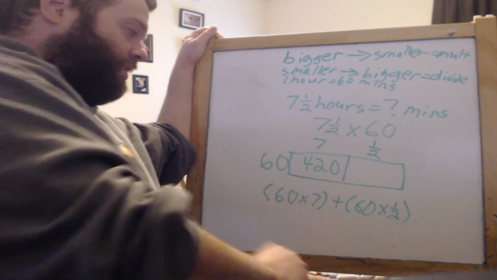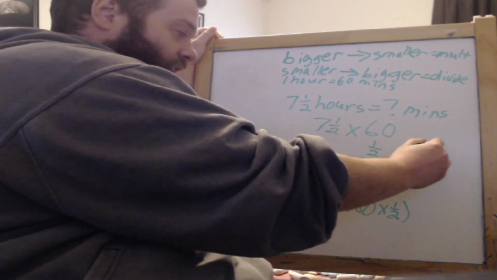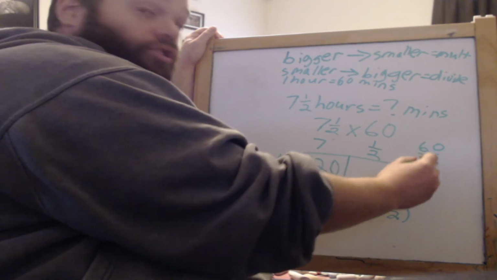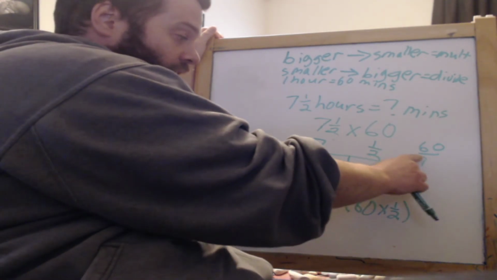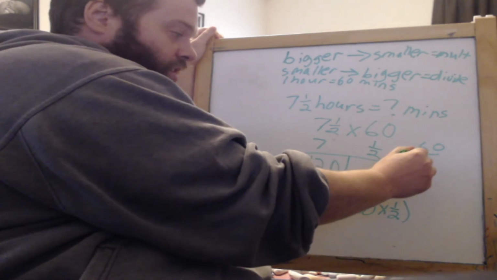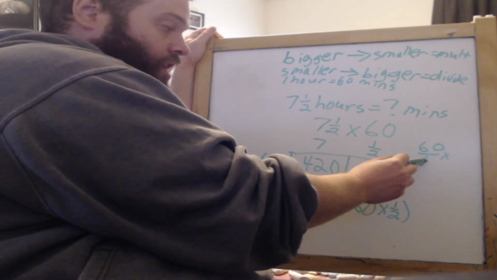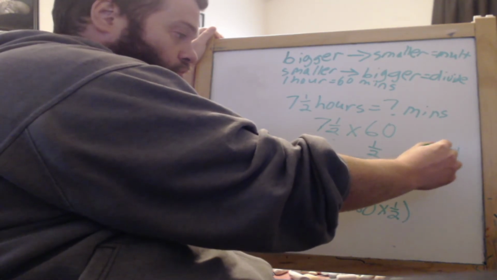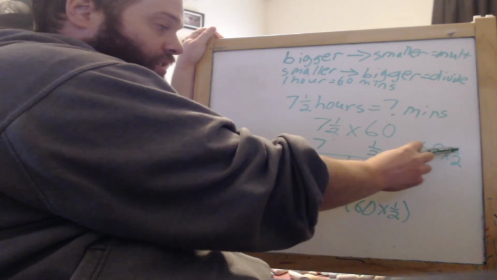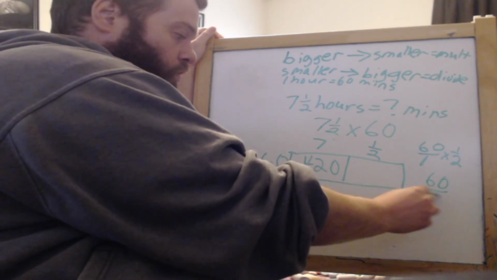And 60 times 1/2, I mean, really, I'm just taking half of 60, but I can just multiply this. Any whole number has 1 just as the denominator, so 60 over 1 times 1/2 would be 60 times 1 is 60 over 2.